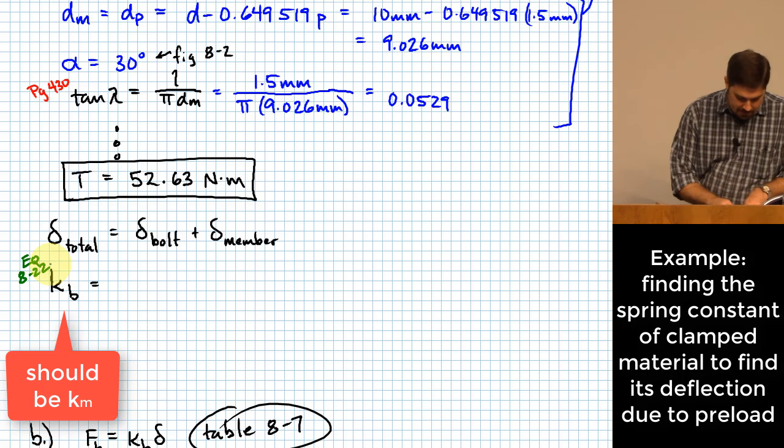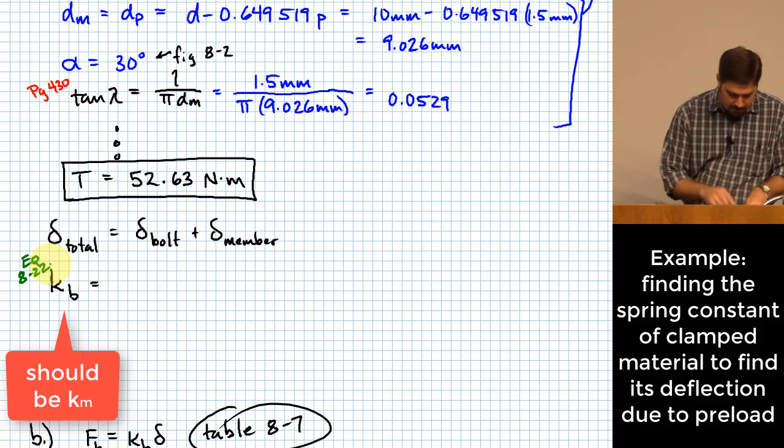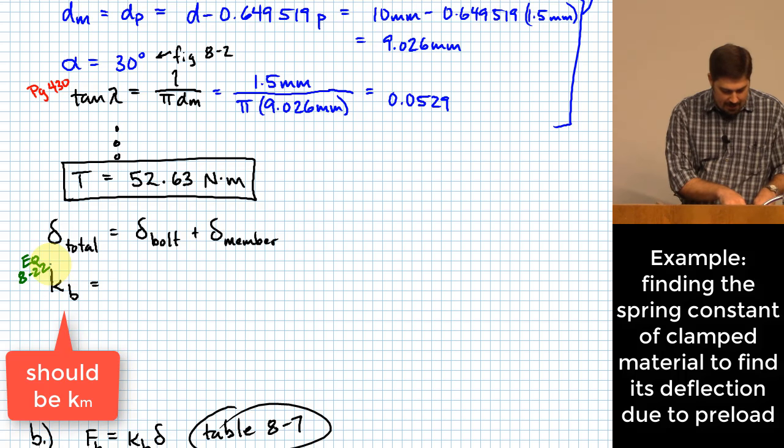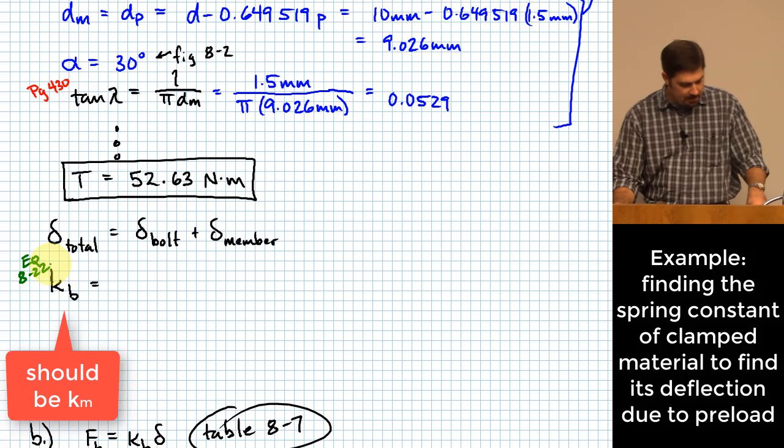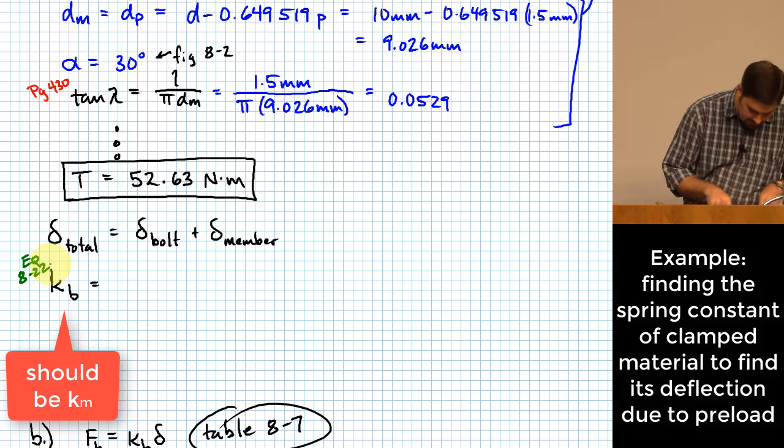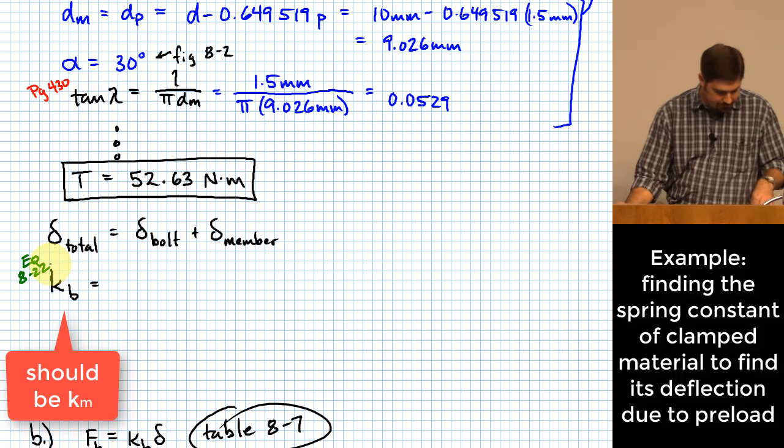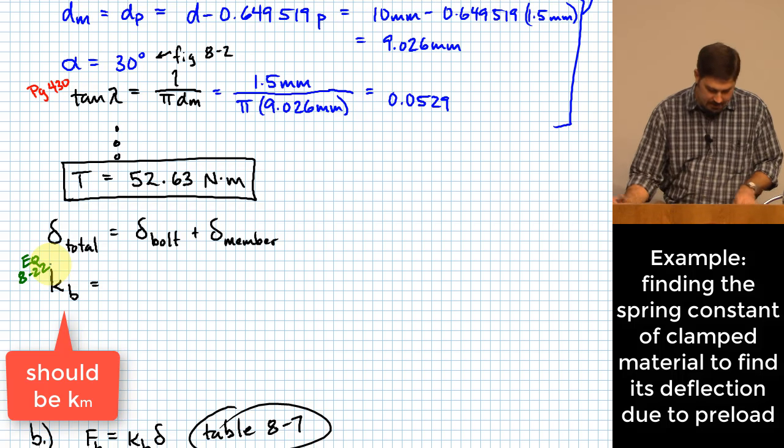It basically says if you use alpha of 30 degrees, which we pretty much always do, and if you use the diameter of the washer face to be 1.5 times the diameter of the shank, and if you are only clamping just one kind of material, then you can use this expression.